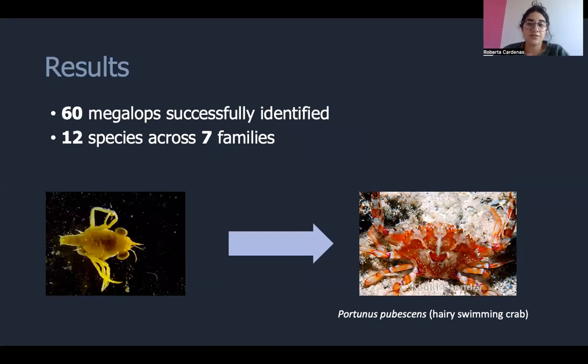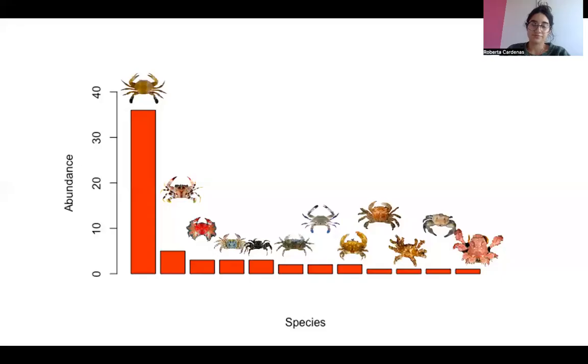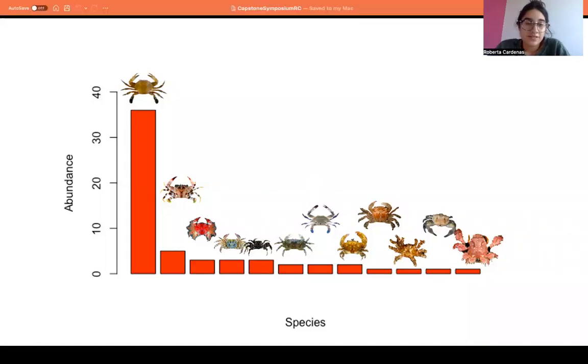Within all the megalops that I pulled out, I successfully identified 60 of them, and within this, I found 12 species across 7 families. Here I have a picture of one of the megalops that I found and what they look like as an adult. This is a rank abundance plot showing the distribution of abundance in all of the species that I found.